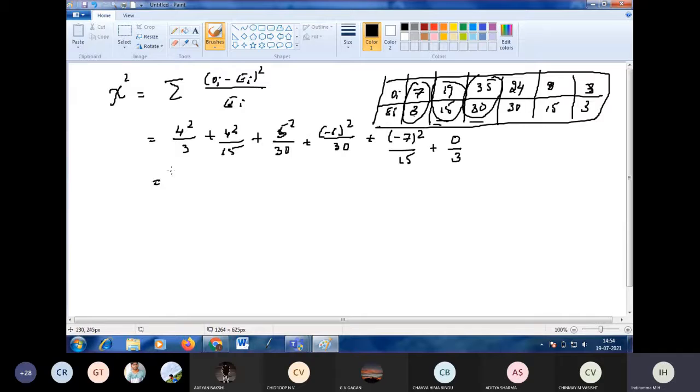Now find this: 16 by 3 plus 16 by 3 plus 25 by 30 plus 6 6 are 36, minus square is plus 30, plus 7 7 are 49, minus square is plus. So now simplify this. Directly you add using your calculator. 0 by 3 is 0 only, you leave it.